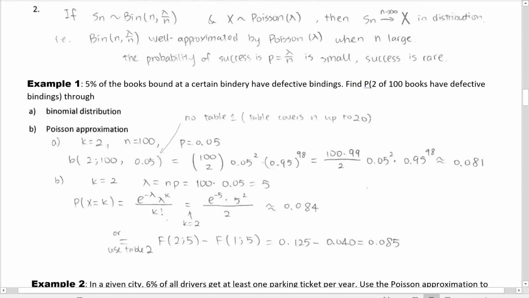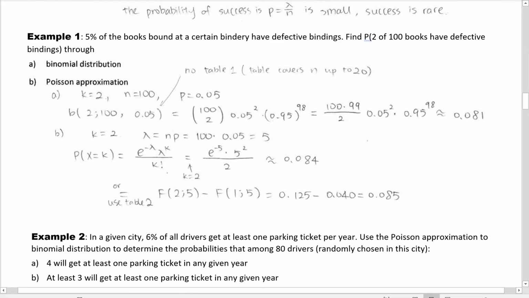And last time we did example 1, right? In part A, we used binomial distribution. But here, because n is 100, we cannot use CDF values in table 1 to calculate, because table 1 only covers n up to 20. However, we can use the PMF for binomial distribution.